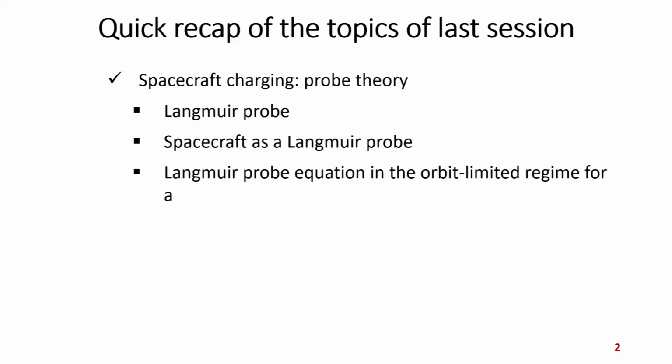After that, we derived the Langmuir probe equation and we considered the orbit limited regime. If you remember how we defined the orbit limited regime: we assume that the plasma density is low, so there is no individual interaction or collision between the plasma particles, and their motion is governed by the angular velocity because of the electrical force imparted by the charged body.